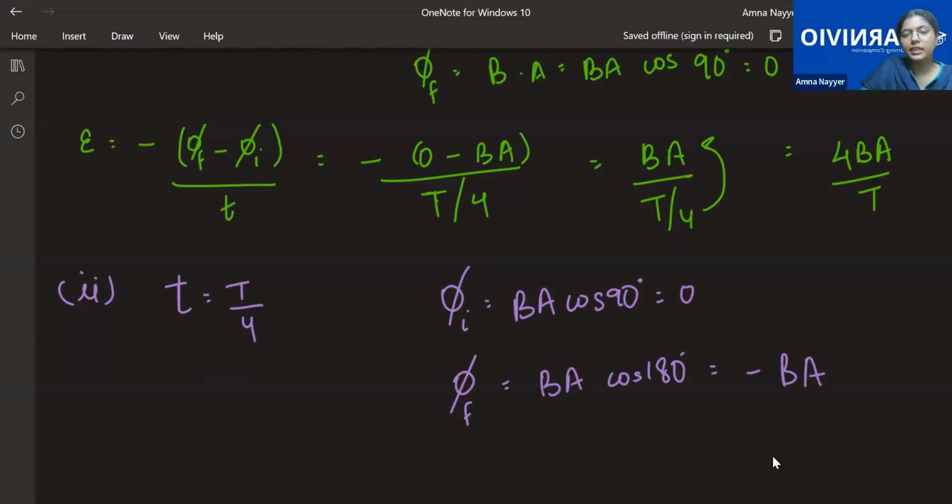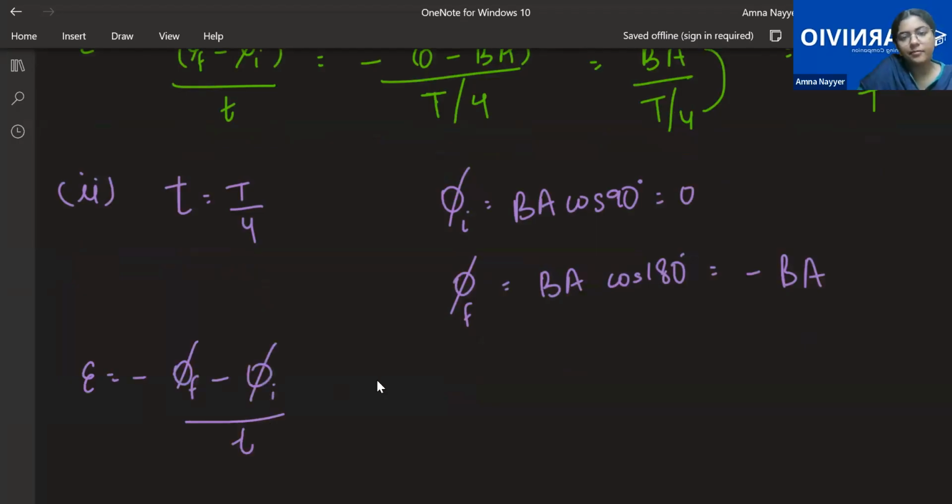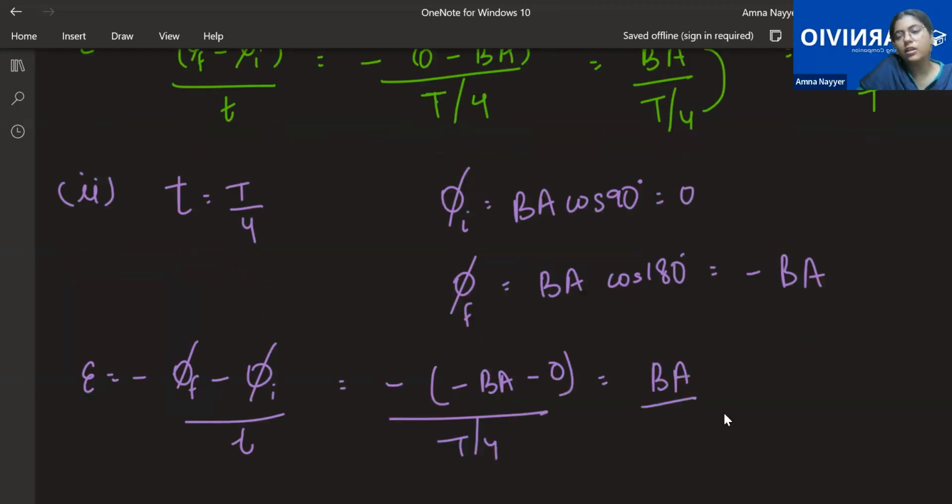Coming to the EMF, it is minus final flux minus initial flux by the time, so minus of minus BA minus 0 is coming the same. Minus will again become BA divided by T by 4. The 4 goes up, that is 4BA by T.